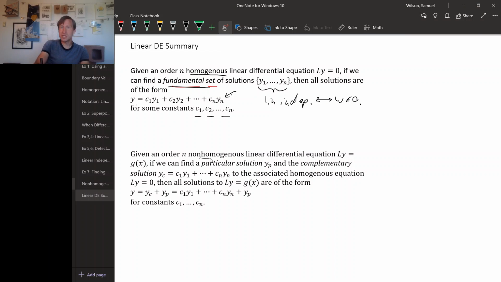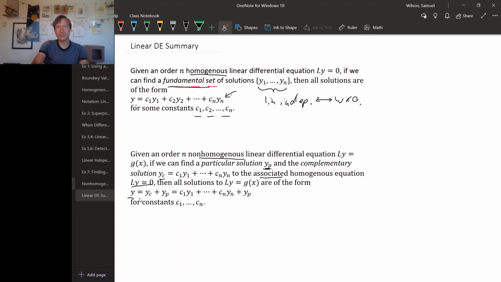Now for non-homogeneous linear differential equations, we assembled a general solution in a different way. So we had to somehow find a particular solution, so this is just one single solution to the non-homogeneous differential equation. It could be any solution at all, as long as you can find one. And also we had to find the complementary solution to the associated homogeneous differential equation.